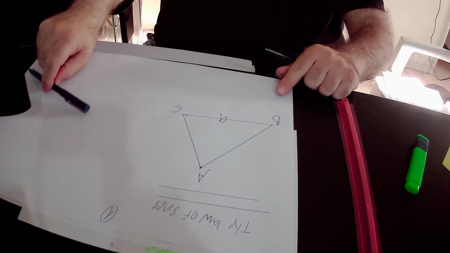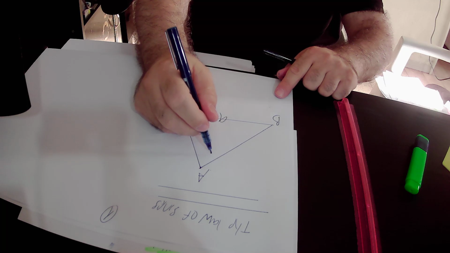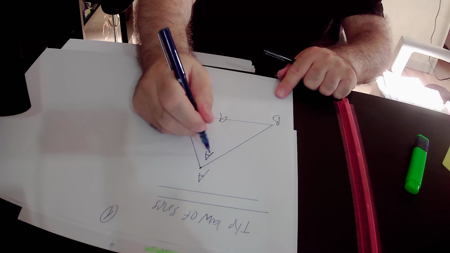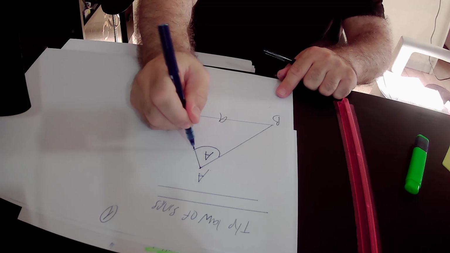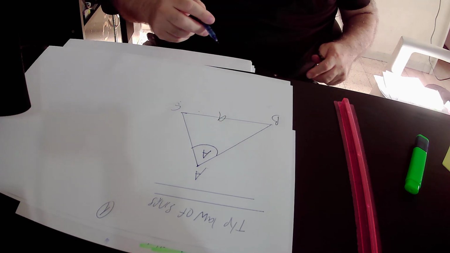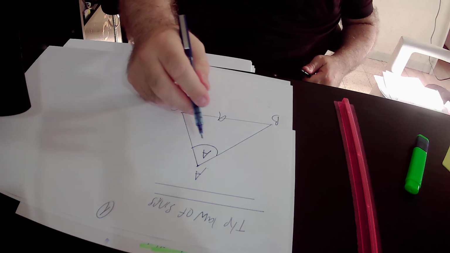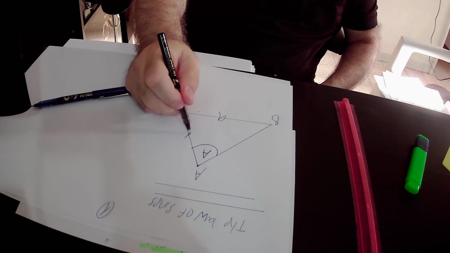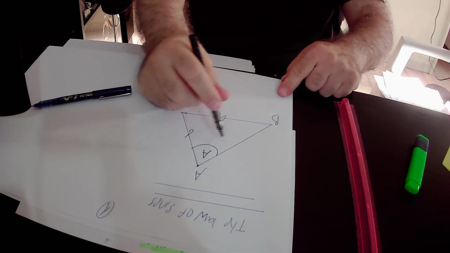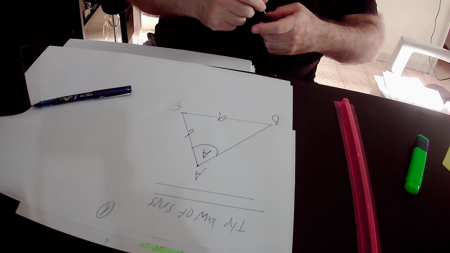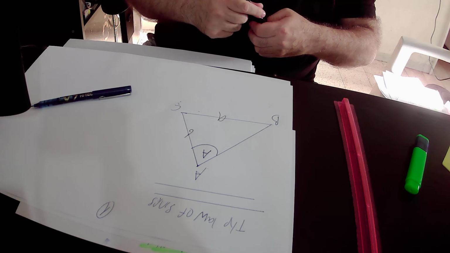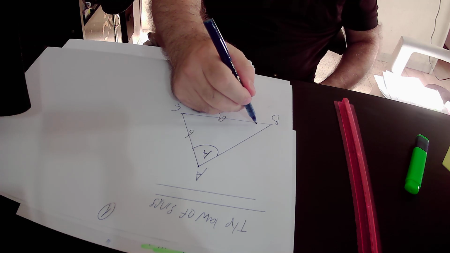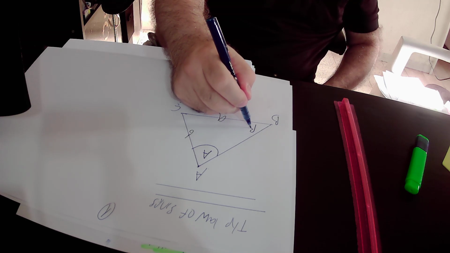Angle BAC equals capital A degrees. The side AC is b units, and angle ABC equals capital B degrees.